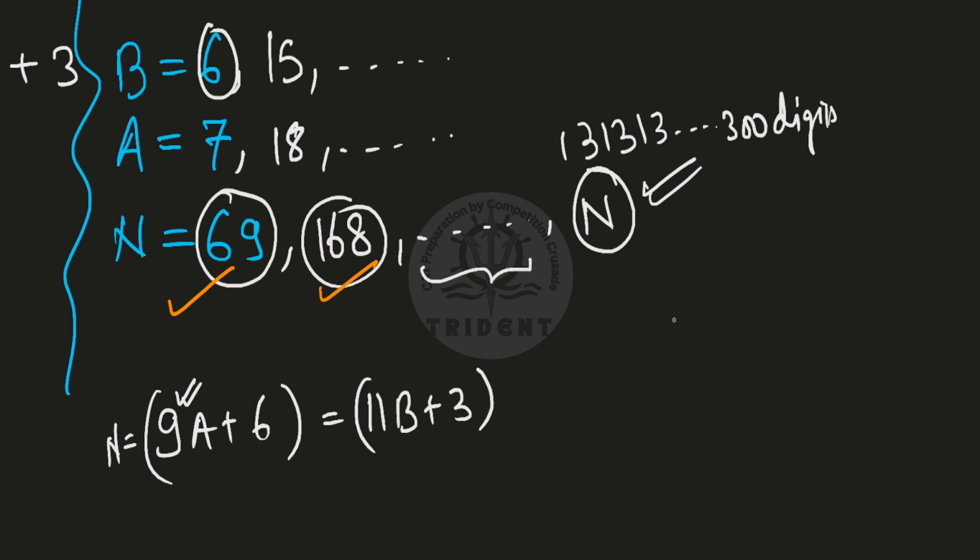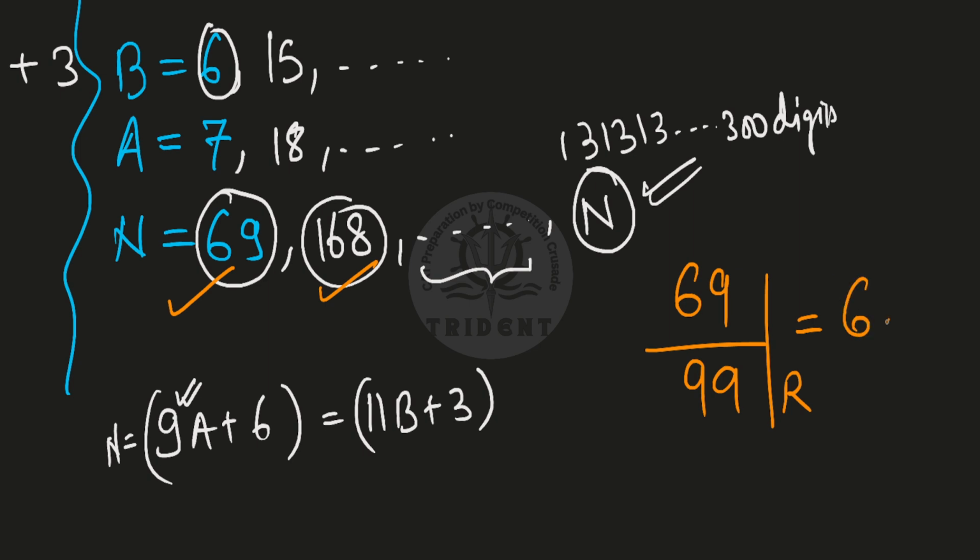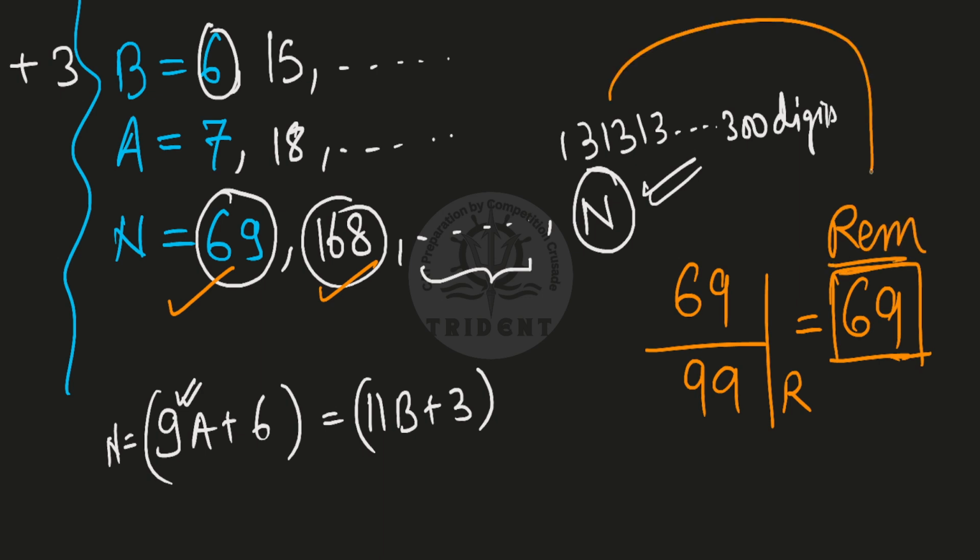At this point what I would say is take 69 by 99, the divisor that was given to us initially. You realize that the dividend 69 is less than the divisor 99, so my remainder is going to be 69 only. Why? Because this can be very well written as 99 into 0 plus 69. So this is my final remainder to the question, what happens when 131313 till 300 digits is divided by 99.